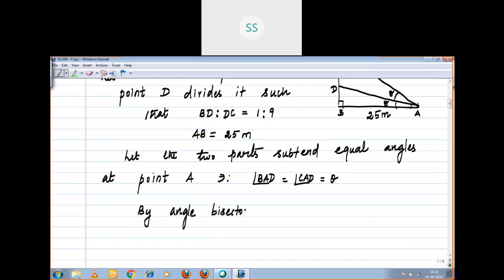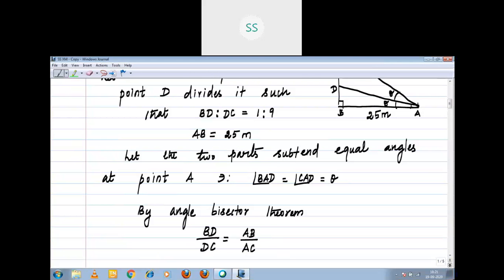Now, by angle bisector theorem, BD divided by DC equal to AB divided by AC.